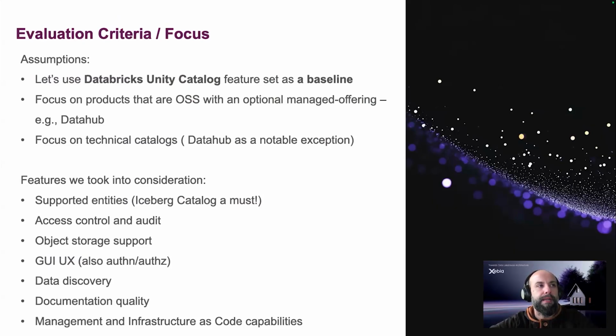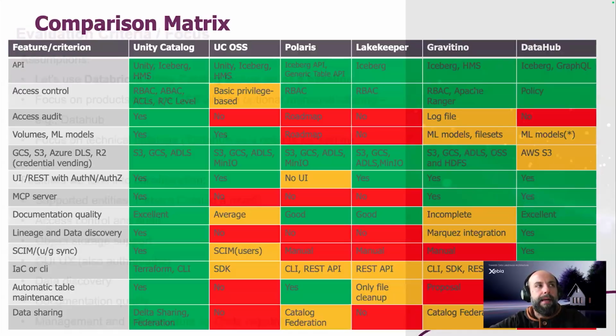Here are some features that we evaluated, and we came up with such a comparison matrix. I wouldn't like to go through it one by one, but you can clearly see that some basic stuff around access control, Iceberg catalog APIs, credential vending, and support for tables is mostly there.